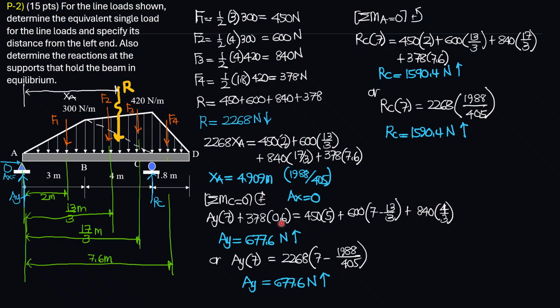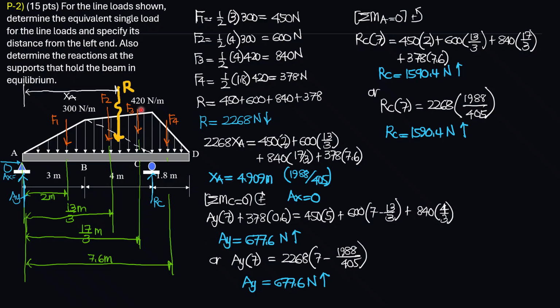Then equals counterclockwise moments, beginning with F1. F1 is 450, and the moment arm, because this is 2 meters and the entire distance from A to C is 7, 7 minus 2, so that's why we have 5 here, plus F2. F2 is 600. Its distance from the left is 13 over 3, so its distance from C is 7 meters minus 13 over 3.